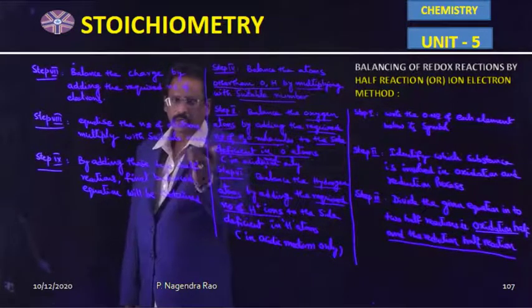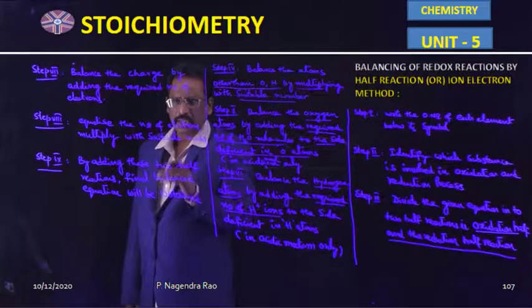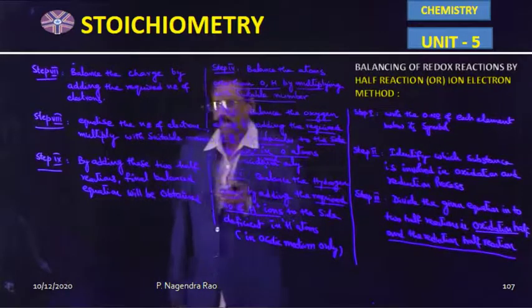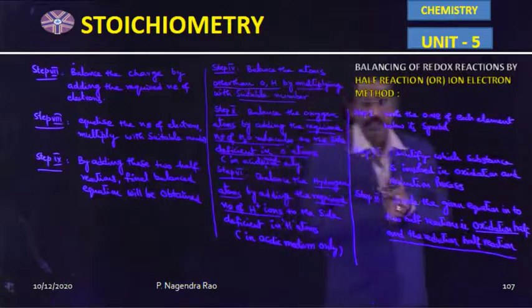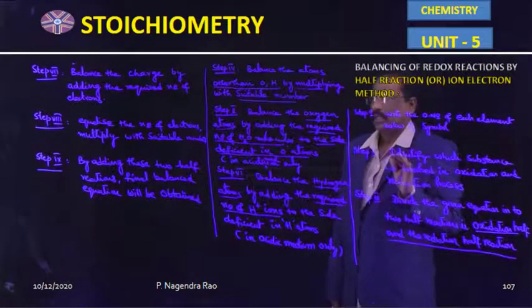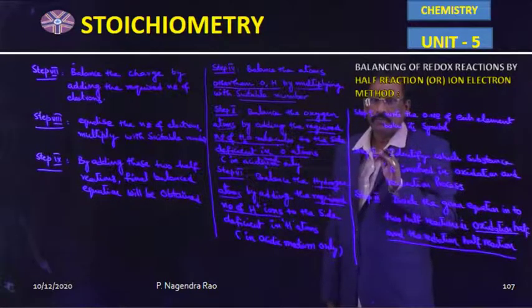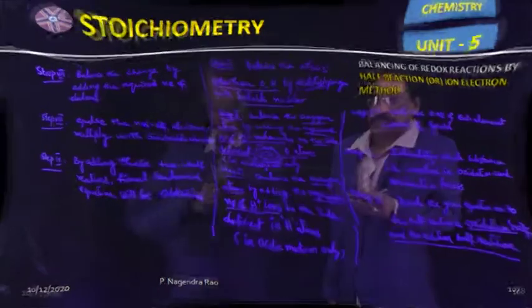So in these two half reactions, both the atoms and charge are balanced. So by adding these two half reactions, the final balanced redox reaction will be obtained. So these are the different rules used in the half reaction method or ion electron method.